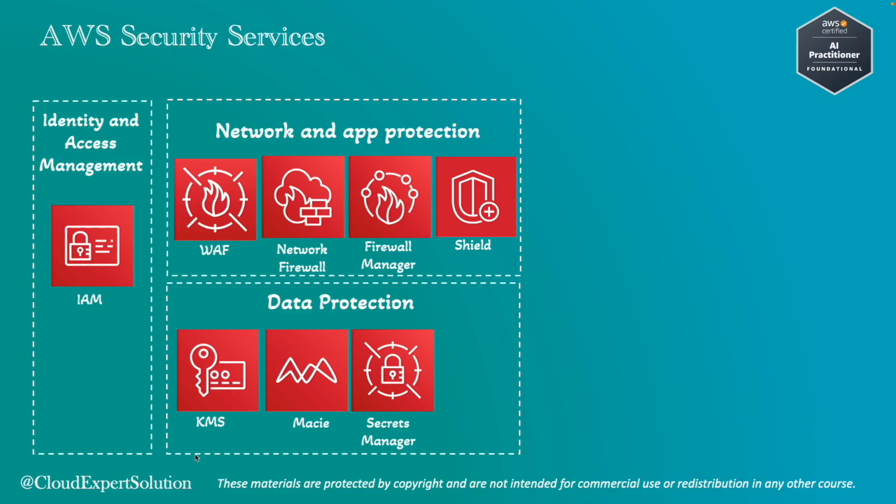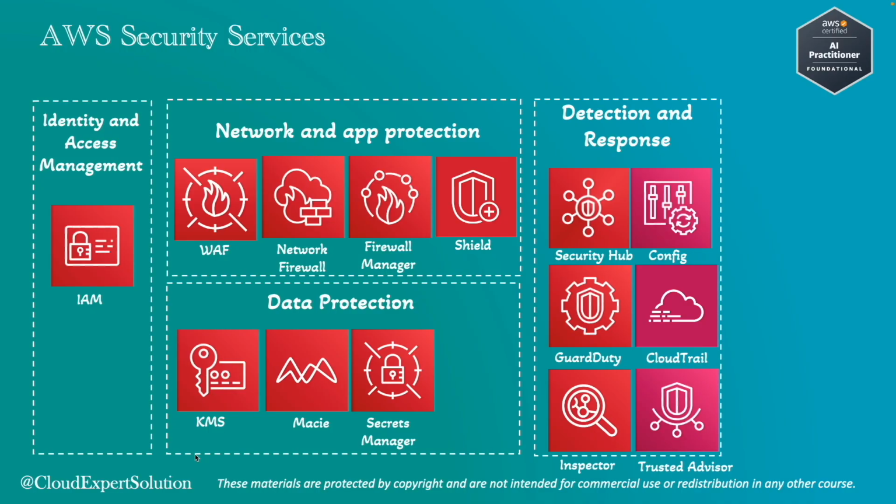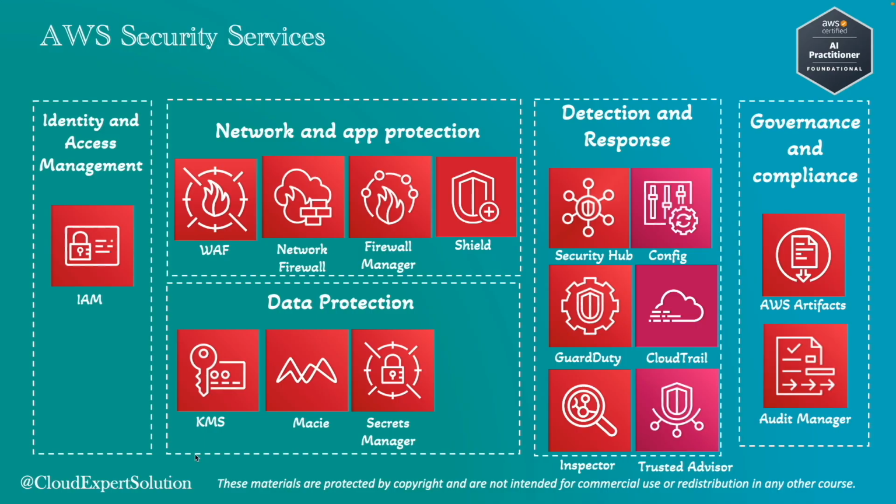Then for data protection, we have AWS KMS, we have Macie, and we have Secrets Manager. For detection and response, we have AWS Security Hub, AWS Config, Amazon GuardDuty, AWS CloudTrail, Amazon Inspector, and Trusted Advisor. Last but not least, for governance and compliance, we have AWS Artifact and AWS Audit Manager.